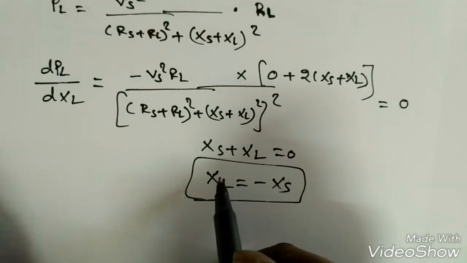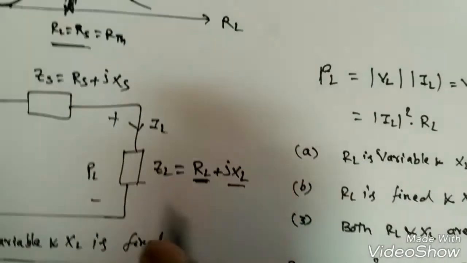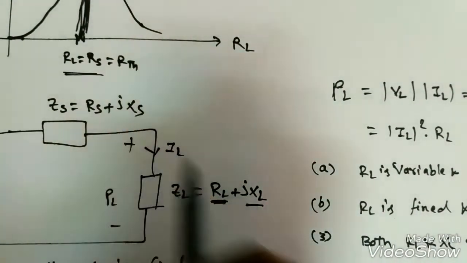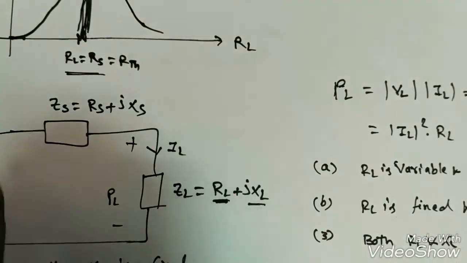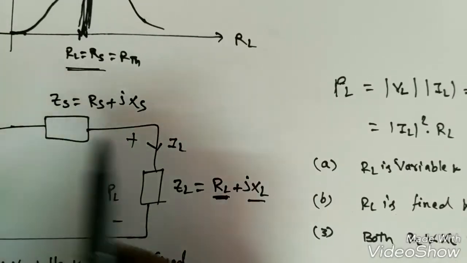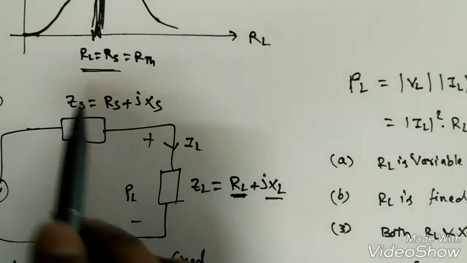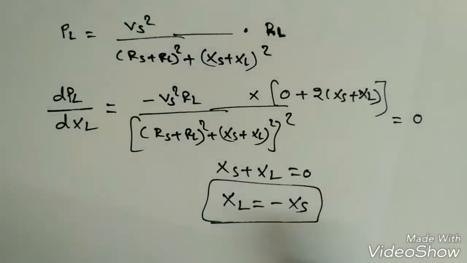That means the imaginary parts, if both are complex conjugates, will be cancelled, so we will only have the resistance part, right? Or the network will be a purely resistive network, right?